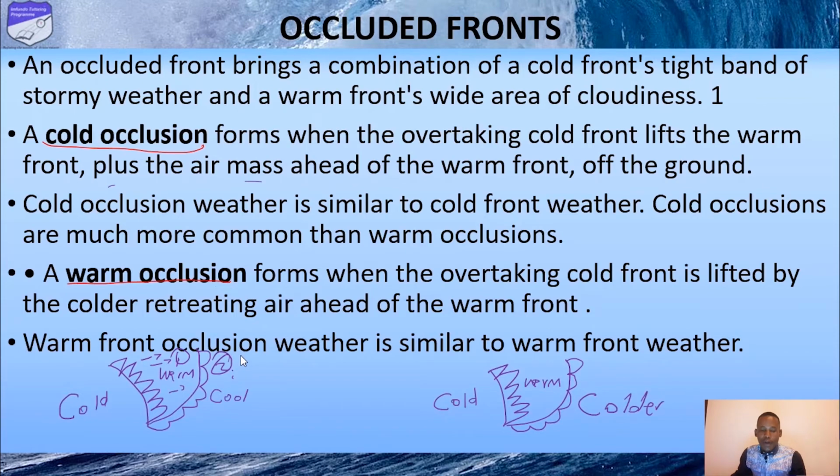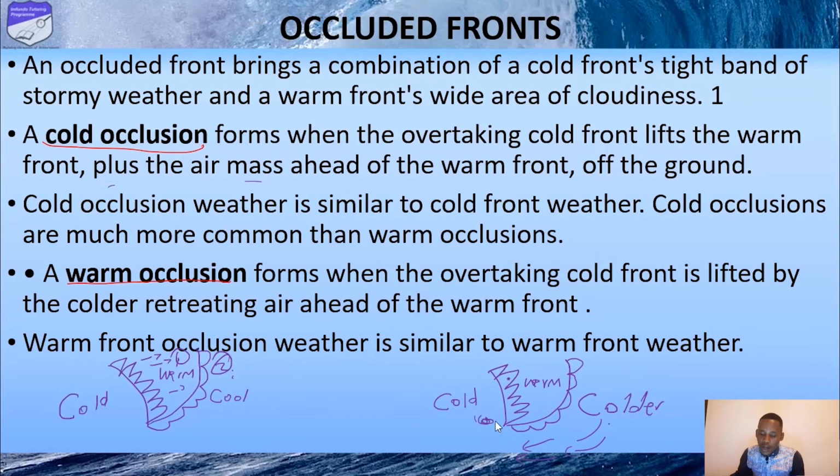Are we good? Right. Then this is your warm occlusion. How does this one now happen? It happens when this cold front now is the one that is going to get lifted up, right? You see what I'm saying? It's lifted by the colder retreating air. Sometimes this air is going to retreat back and cause this cold air to be lifted up. See what I'm saying? What's caused this cold air to be lifted?